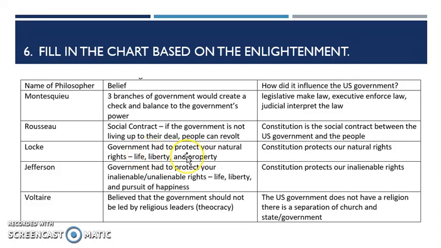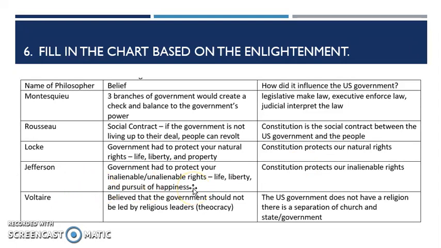Locke is the guy who believed in the natural rights to life, liberty, and property. And pretty much that is what the Constitution protects. It protects your right to life, liberty, and property. That's why if someone broke into your home, they violated your property, it is the government that goes after them. It is the government that pursues them, and the government would be the police.